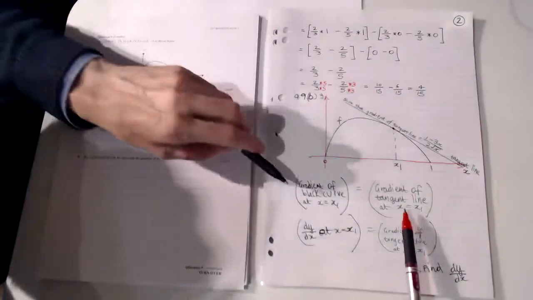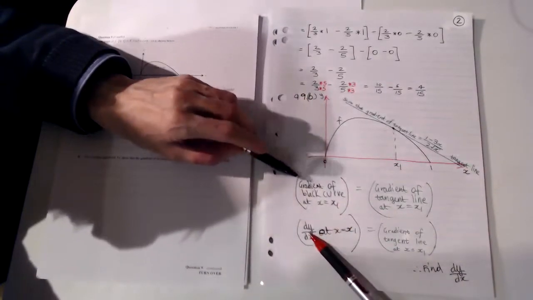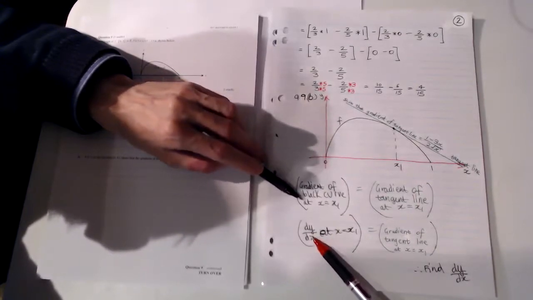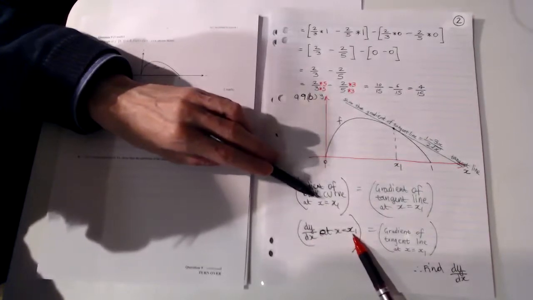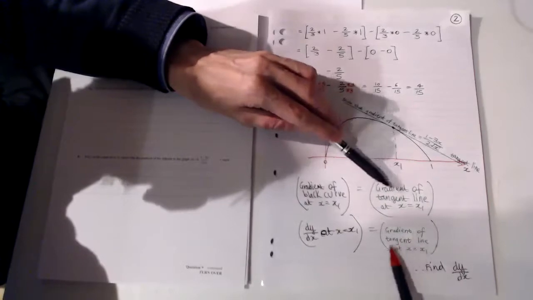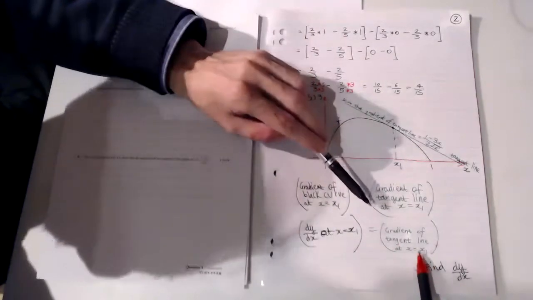Now, what's the shorthand mathematical professional way of saying gradient of black curve? It's to say dy/dx at x equals x1. And that's equal to the gradient of the green tangent line at x equals x1.